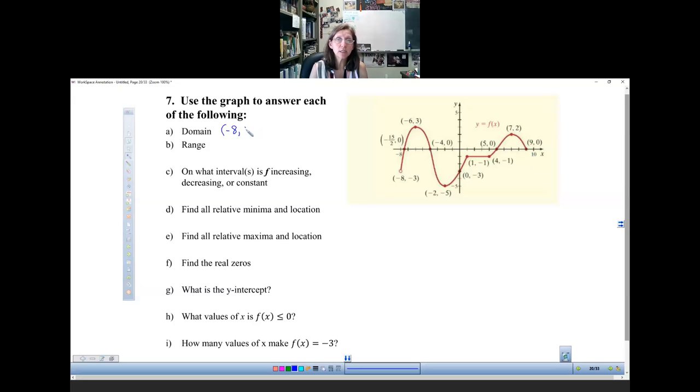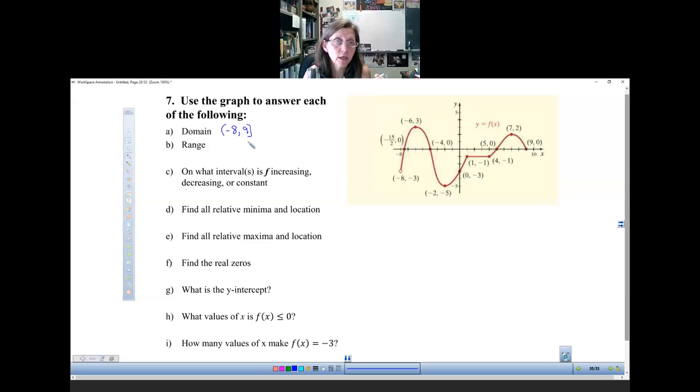Please notice the difference. I am going to put a square bracket on the domain. My intervals of increasing and decreasing never, ever had square brackets. I hope that sank in. My intervals of increasing and decreasing always had round brackets.